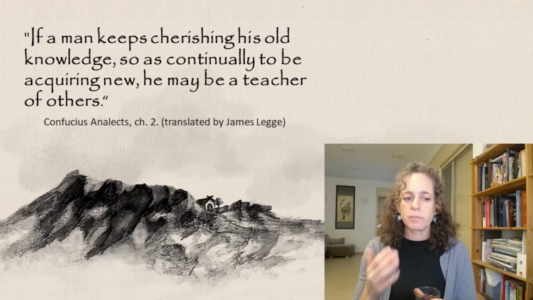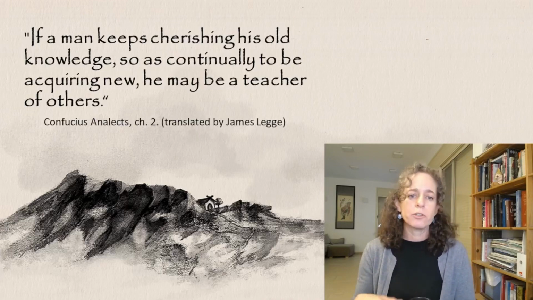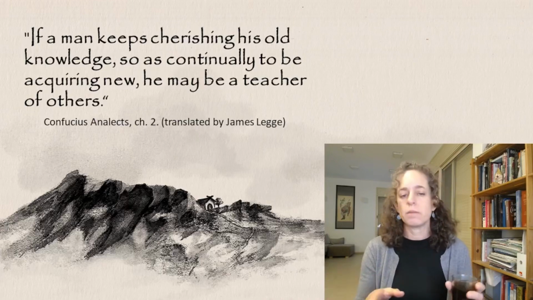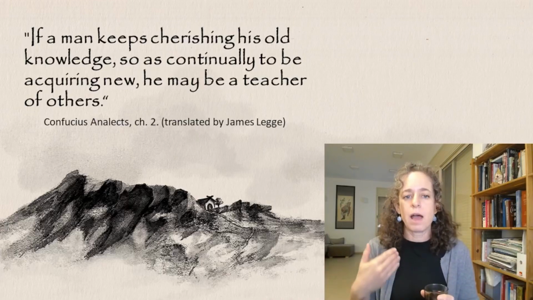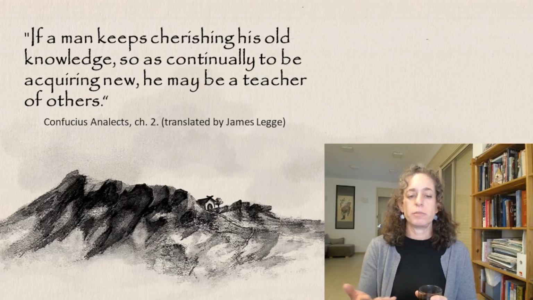But the thing is, there is no such thing, like I said before, as an ultimate truth when it comes to healing. The right and wrong depend on the situation. And this idea behind cherishing old knowledge, I think we need to understand it from the two sides of how we deal with old knowledge. On the one hand, we shouldn't accept it blindly just because it's ancient.